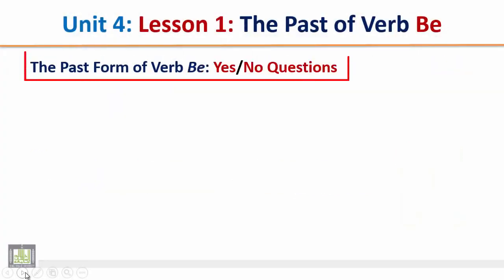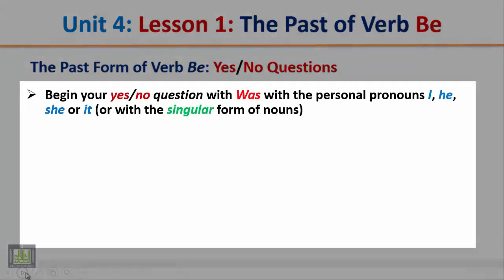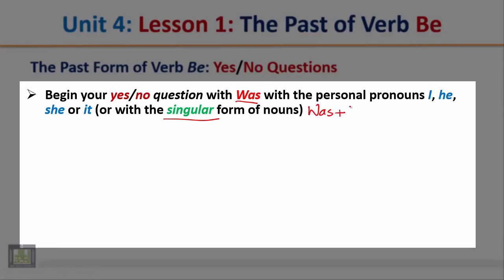The past form of verb be, yes-no questions. Begin your yes-no question with was, with the personal pronouns I, he, she, it, or with the singular form of nouns. So start the question with the verb was plus the subject I, he, she, or it, and then complete your question.